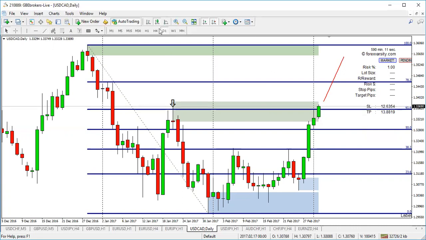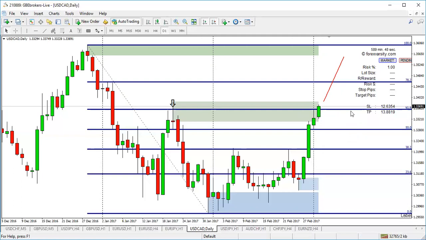So being on the daily, you can see this daily candle is currently above the 61.8. So if we get a close above the 61.8, this would generally mean the odds of this asset pair trading back lower is no longer there.